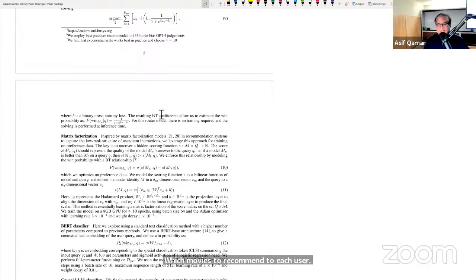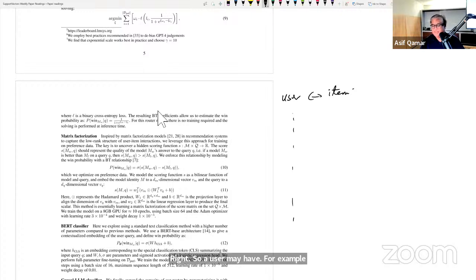So basically the axes are user and item, right? So users may be A, B, C, D, E, F, G, and items may be alpha, beta, gamma, delta, epsilon.